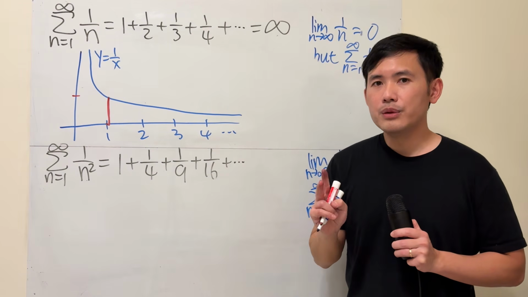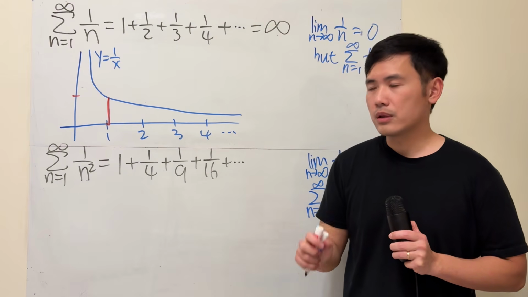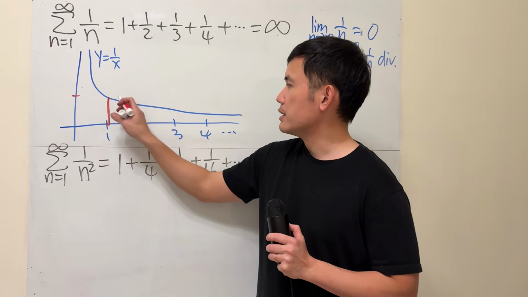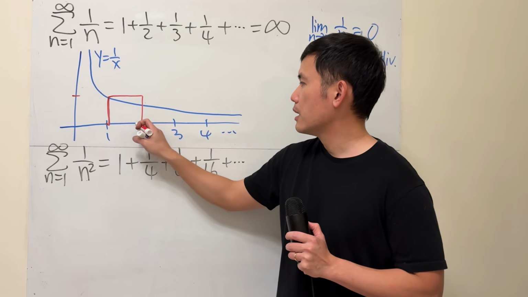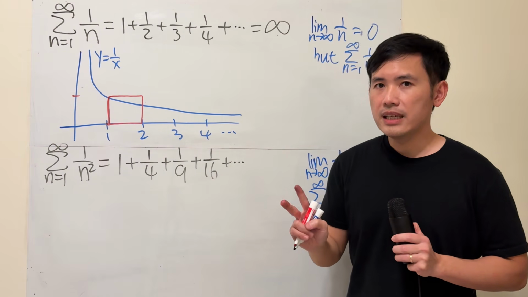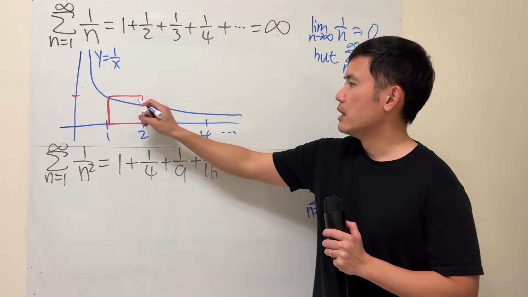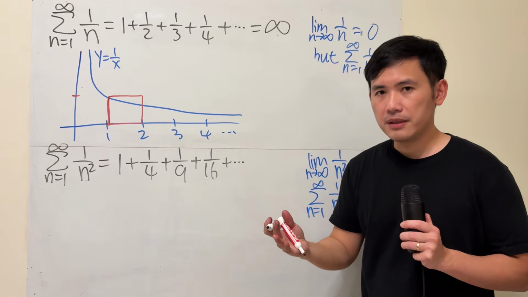Good. Now, it looks like we have two choices to draw our rectangles. The first one is you can draw it like this, or the second one is you can draw it like this. I did it the second way because later on you'll see that the blue area, the area under the curve, is infinity.